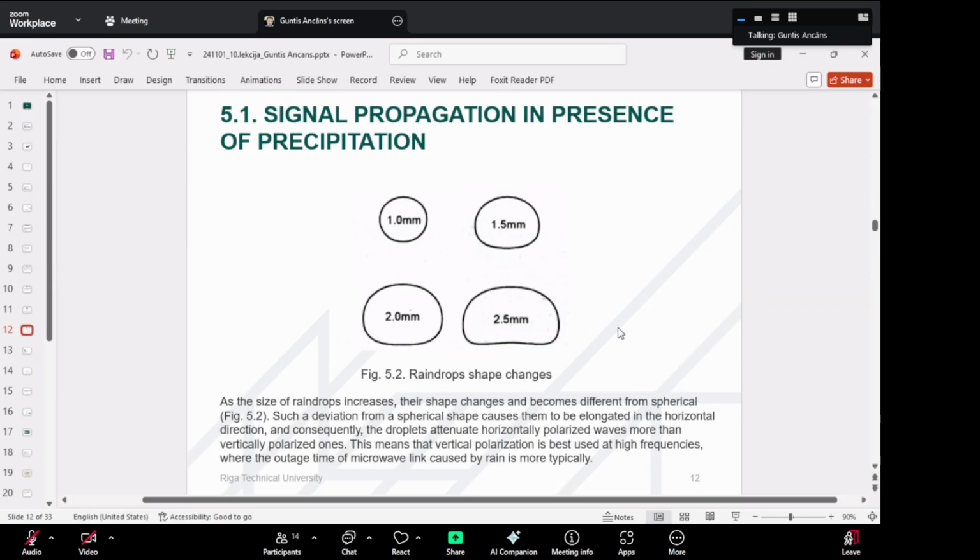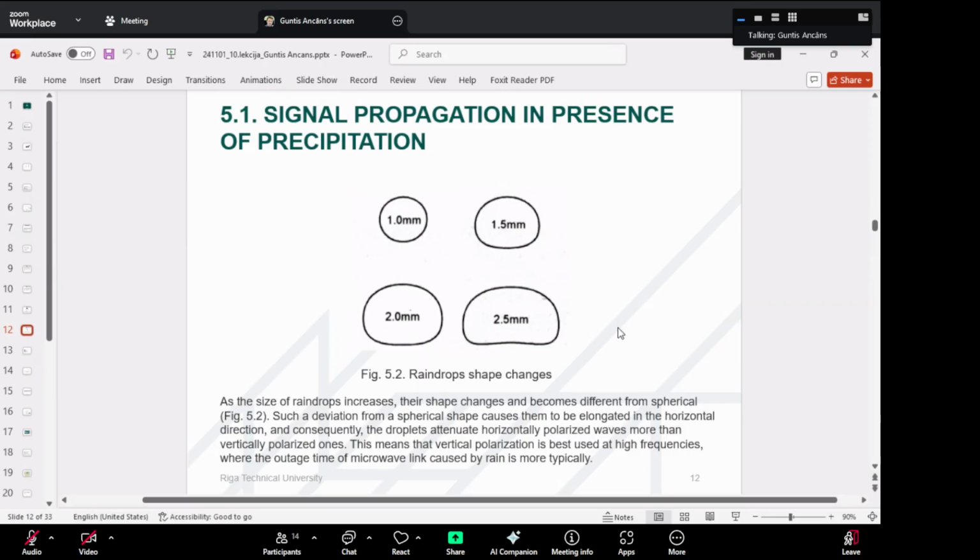There are also other polarizations, but these are the typical ones. For example, TV broadcasting usually uses horizontal polarization.